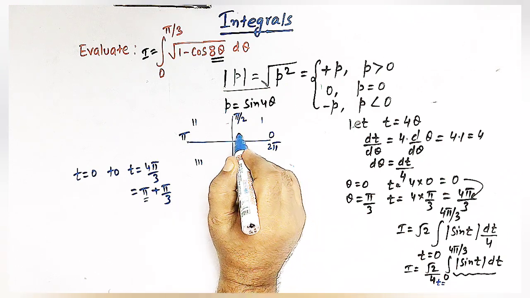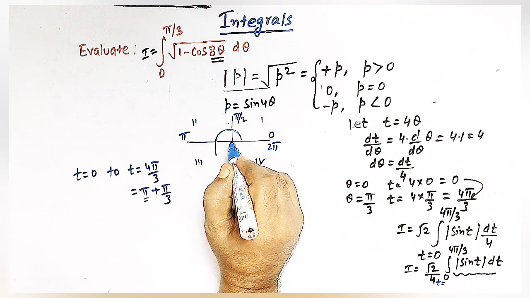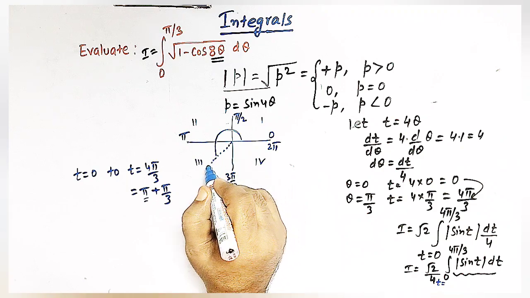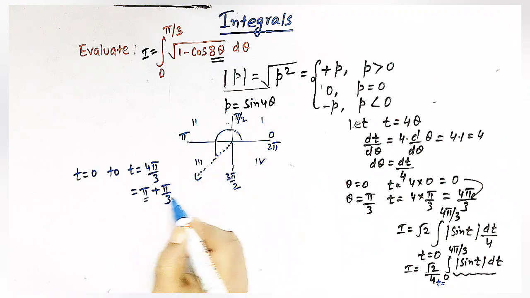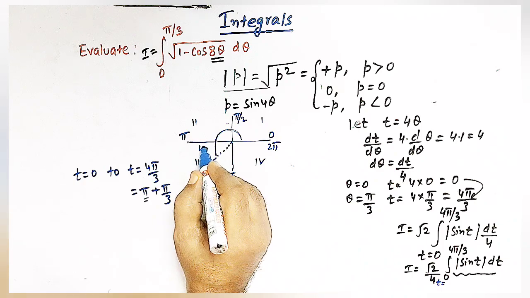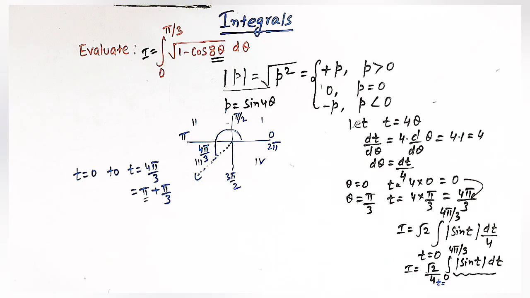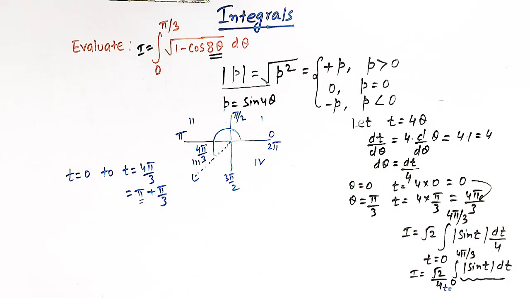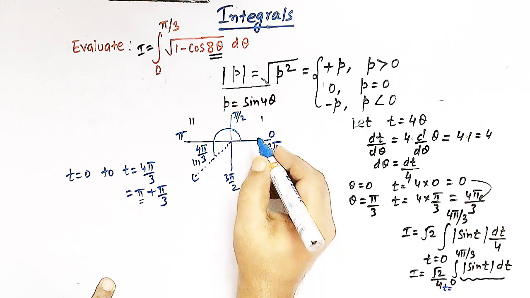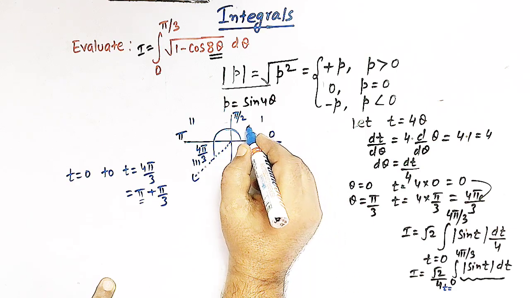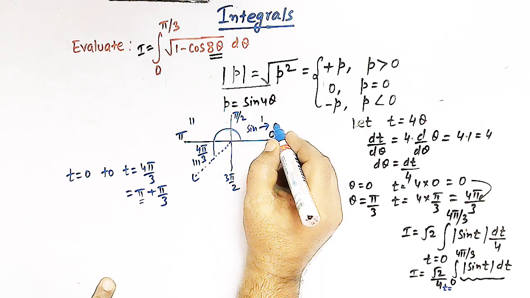So we have this angle that is 4 pi by 3. So now the sign convention of trigonometric functions in the 4 quadrants says that in the first quadrant the sine function is positive.